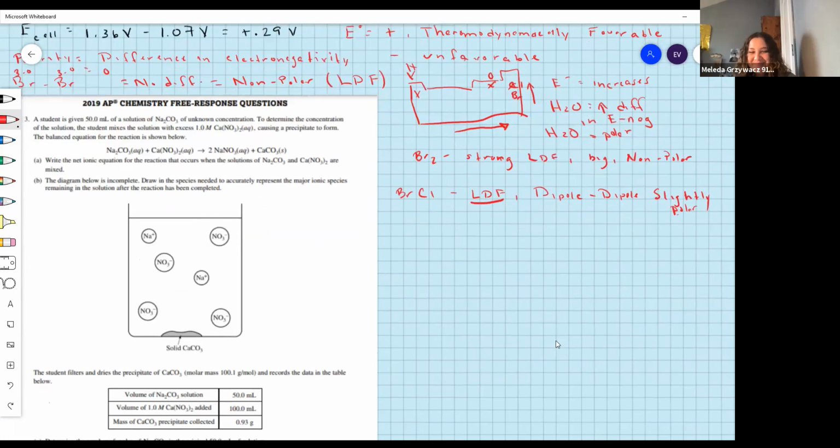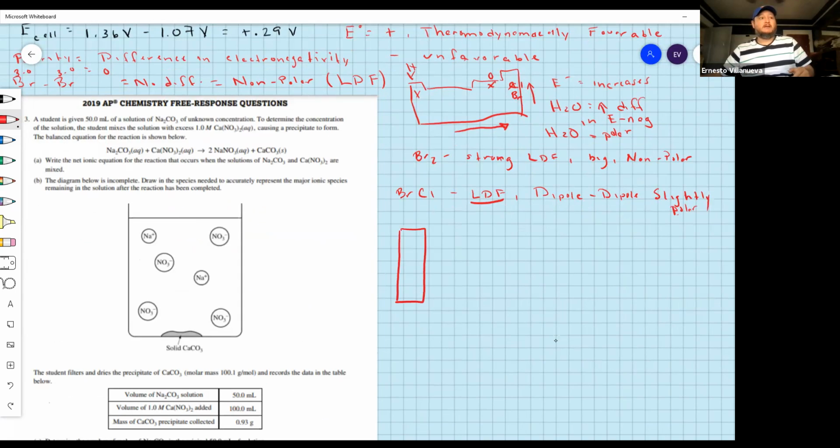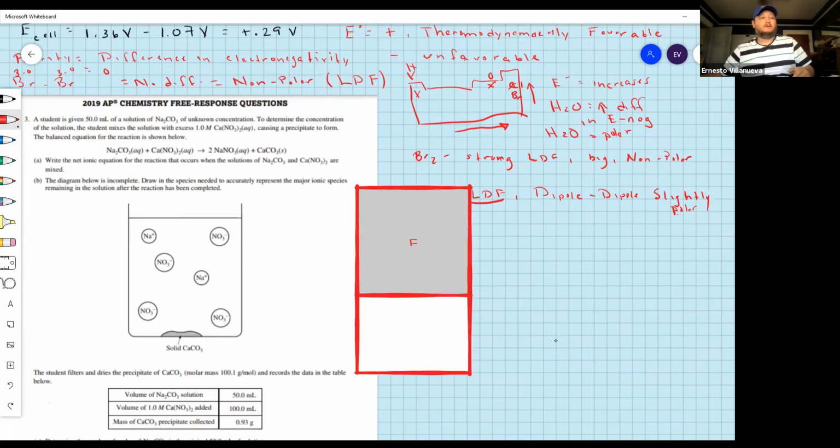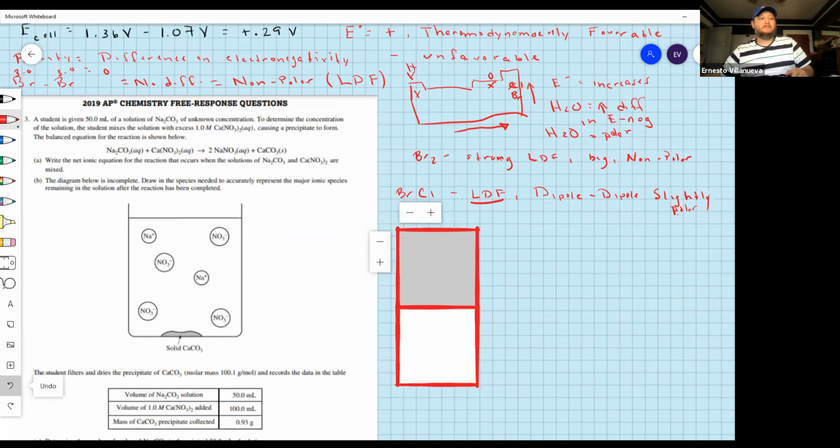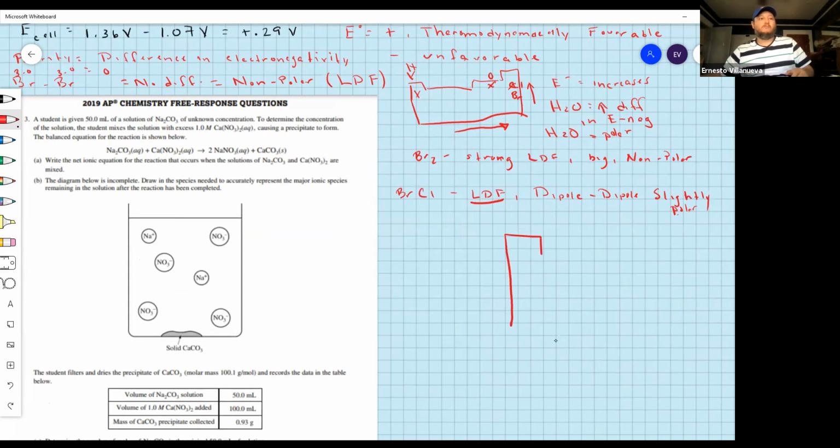Remember, when you're looking at the periodic table, you have fluorine, chlorine, bromine.